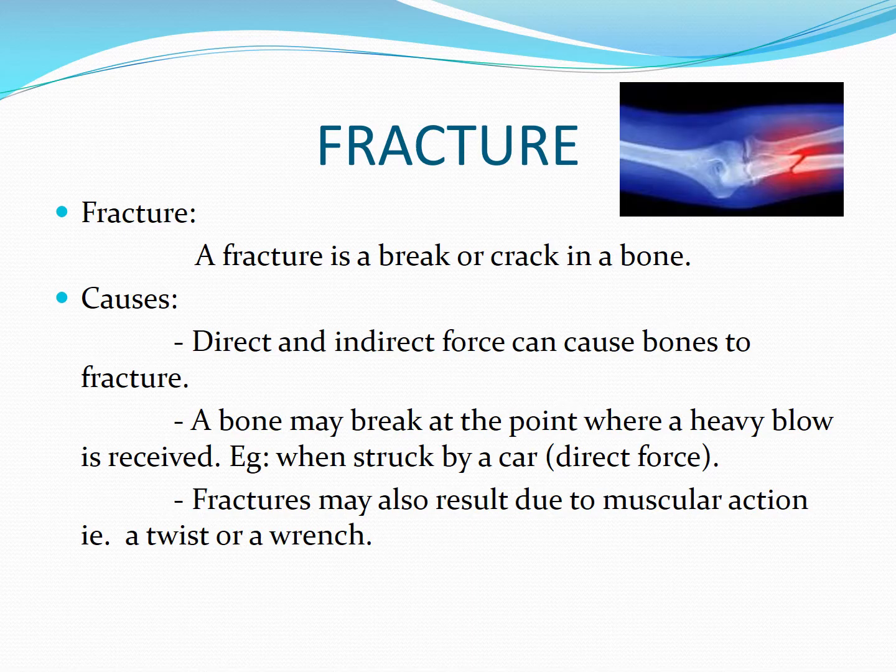A bone may break at a point where a heavy blow is received, for example, when struck by a car: direct force. Fractures may also result due to muscular action, that is, a twist or a wrench.